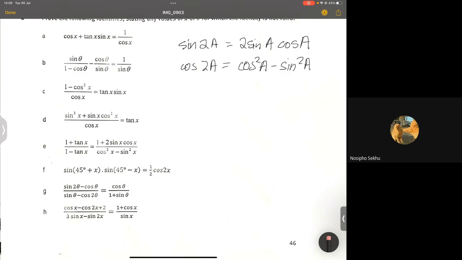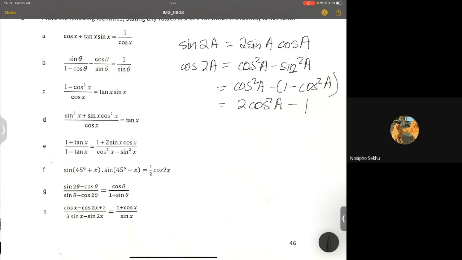Now we can write it in this way. We can also write sine squared of a as 1 minus cos squared of a, and that gives us 2 cos squared of a minus 1.